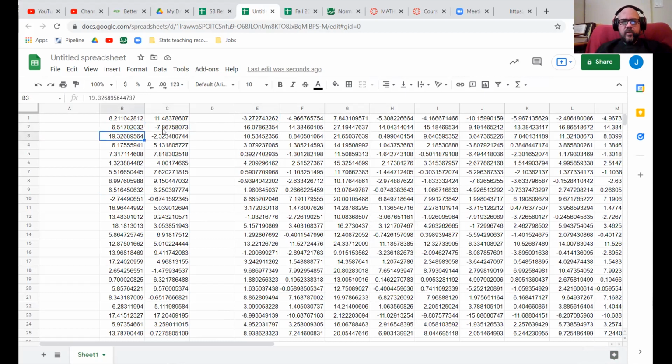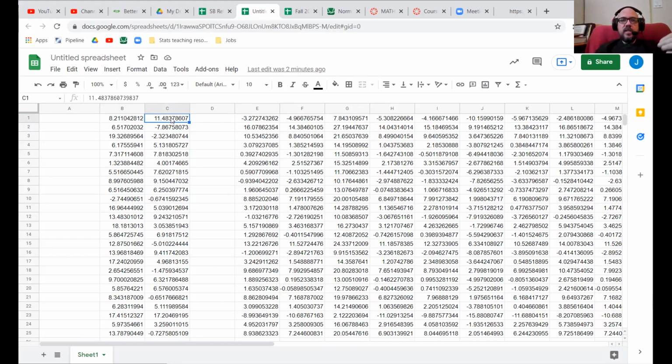So when I do 19.3 minus negative 7.86, the thing I get is bigger, because minus a negative is a plus. So the thing I get there is like 27, which is bigger than anything in either column. And when I do negative 2.7 minus 11, the thing that I get is negative 13, which is smaller than anything in either column.